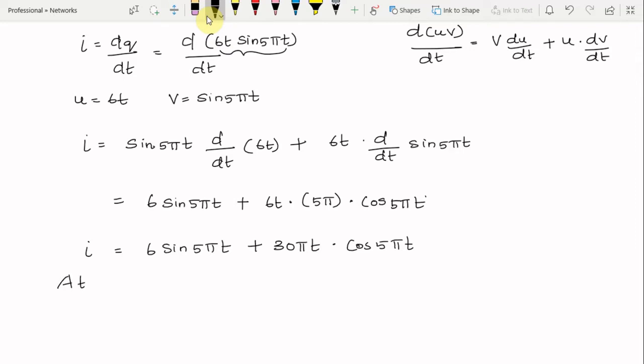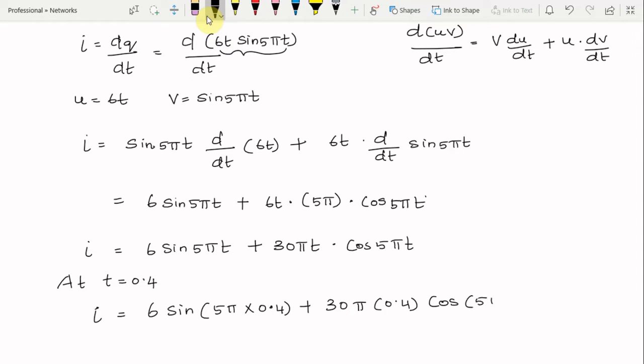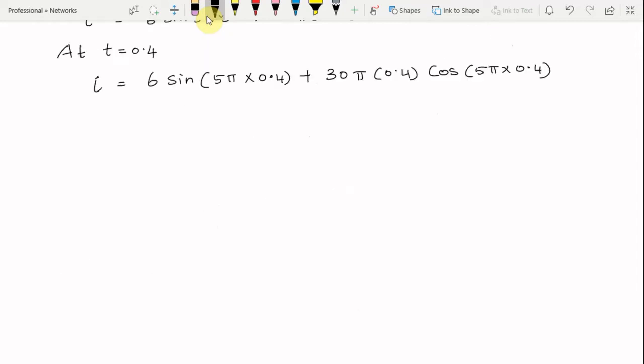Now at t is equal to 0.4 seconds, we have to calculate the value of current. Applying t is equal to 0.4 in the expression, we get 6 sin 5π into 0.4 plus 30π into 0.4 cos 5π into 0.4. So now I is equal to 6 sin 2π plus 12π cos 2π.